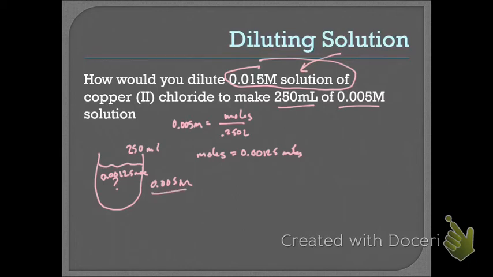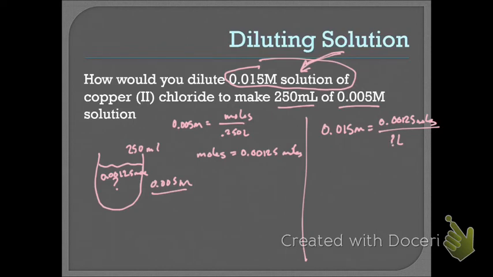Well, where am I going to get those moles? I'm going to get it from this solution, right? But we have to figure out what volume of the solution we need. So we know we need 0.00125 moles, and we know we're going to get it from this molarity. We want to figure out how many liters that's going to be.